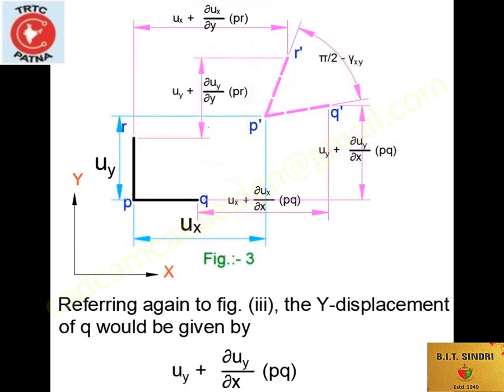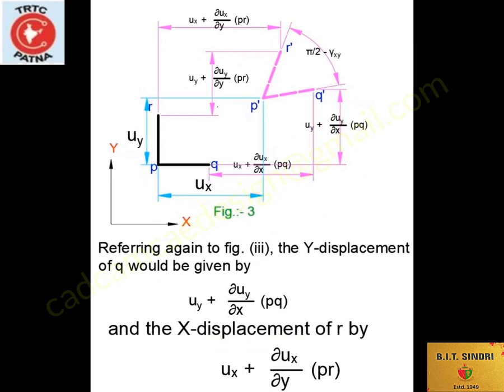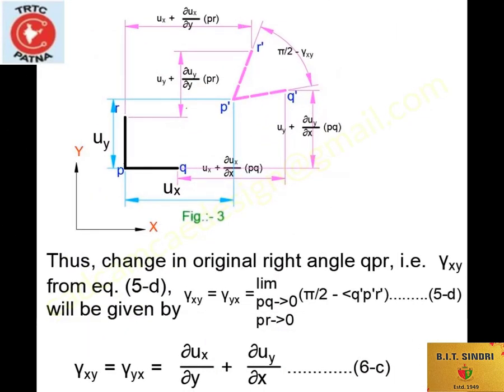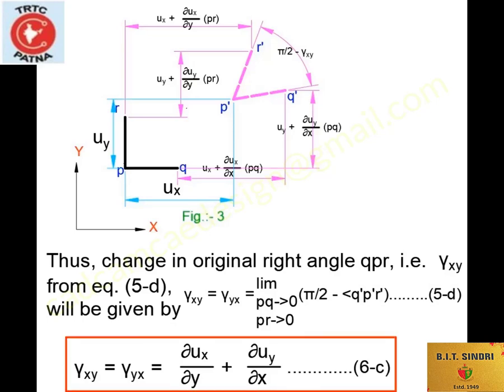Referring again to figure 3, the y displacement of Q would be given by uy plus del uy by del x times PQ, and the x displacement of R by ux plus del ux by del y times PR. Thus the change in the original right angle QPR, that is the shear strain about xy from equation 5d, is given by the shear strain about xy equal to the shear strain about yx equal to del ux by del y plus del uy by del x.